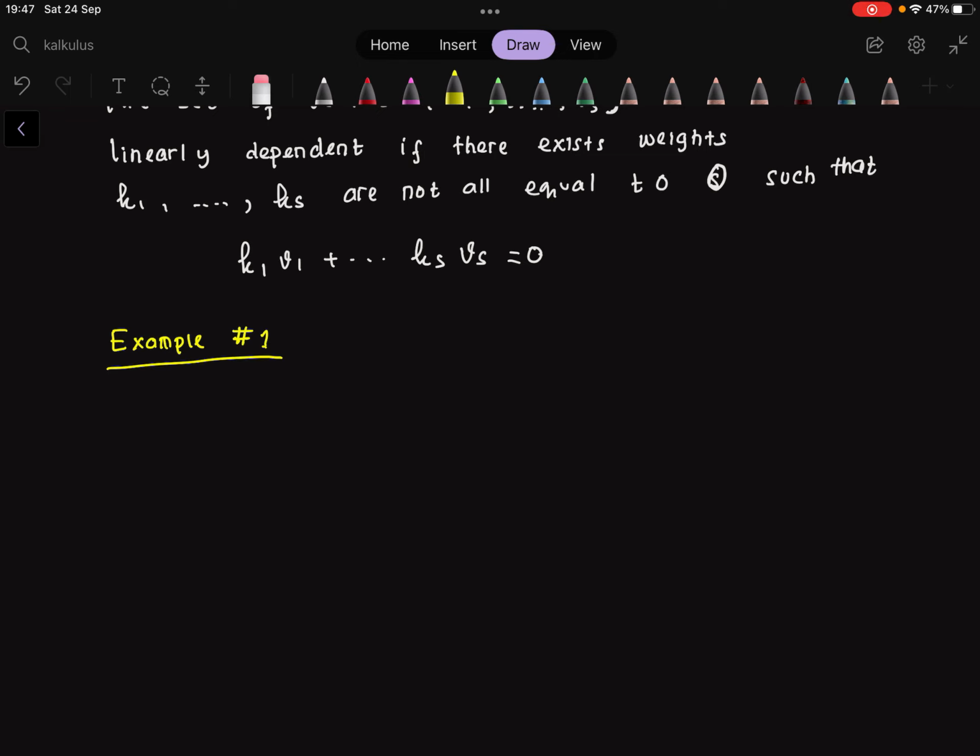I have a vector v1 equal to (1, 3, 5), and also v2 is equal to (2, 5, 9), and then v3 is equal to (-3, 9, 3).